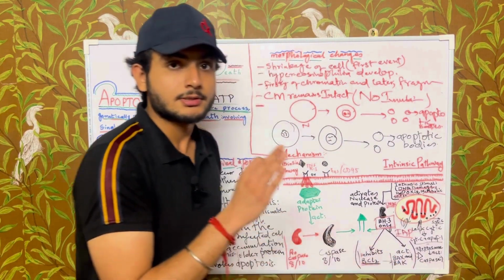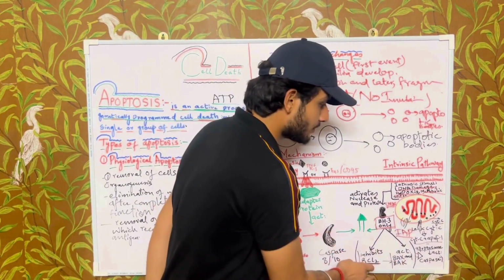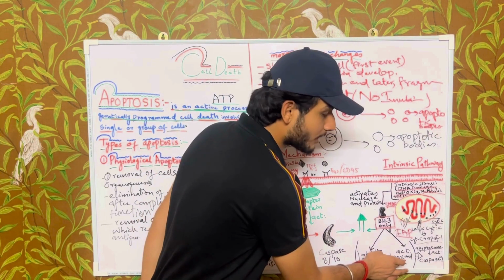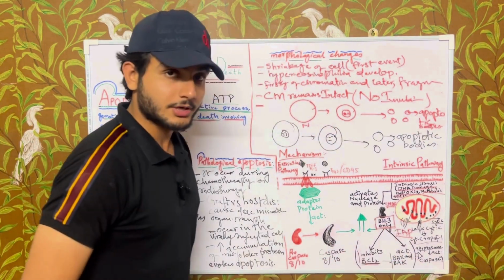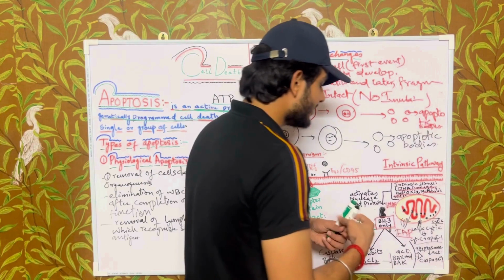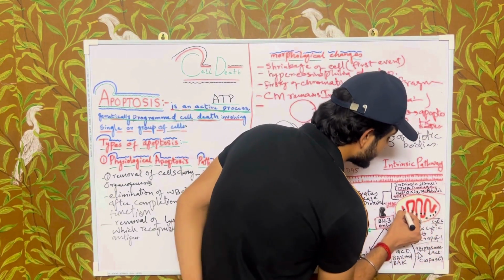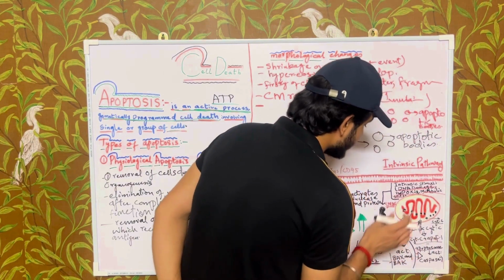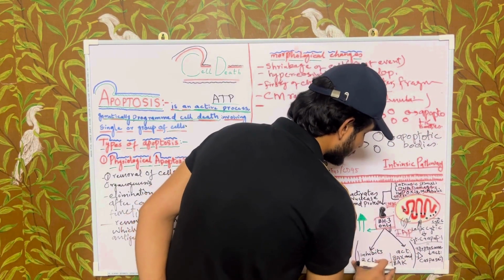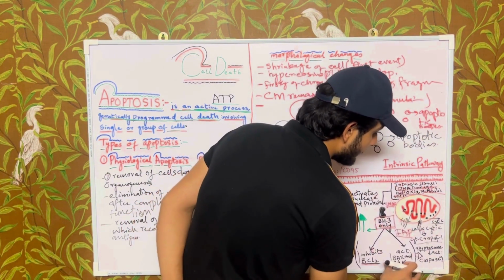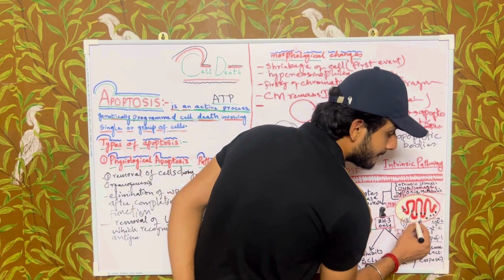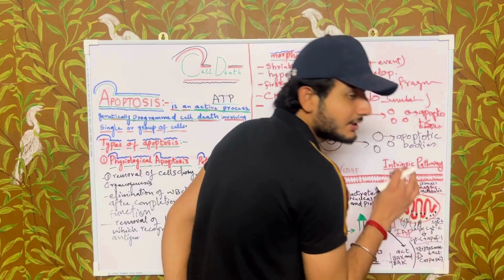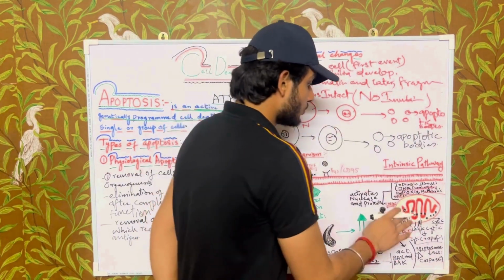Due to the inhibition of this BCL2, these BAX and BAK are set free. Normally these proteins are present in the inner membrane of mitochondria, but due to the inhibition of BCL2, BAK and BAX get implanted into the outer membrane and make channels.